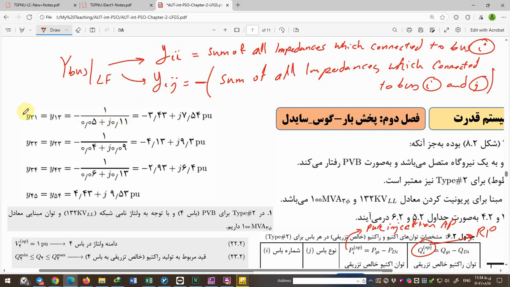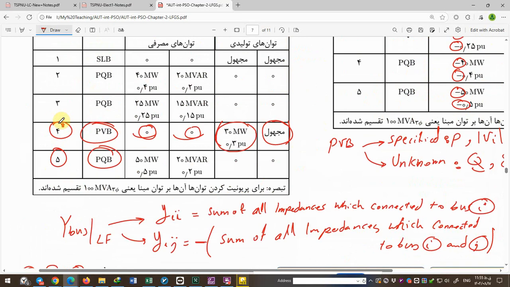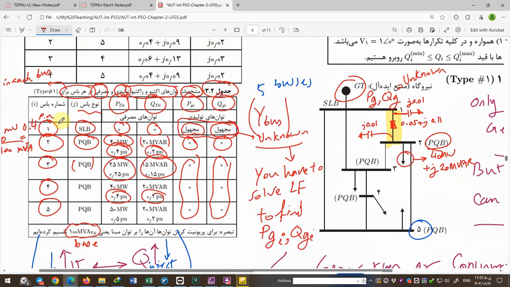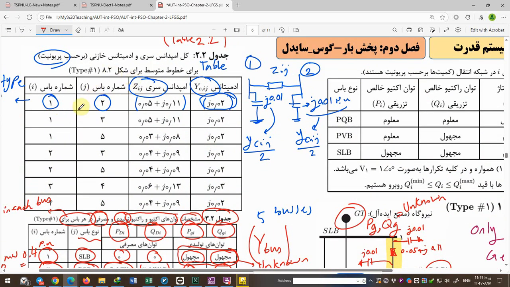For example, Y31 is equal to Y13, which is minus the impedances connected between bus number 1 and number 3. Number 1 and number 3 is here. This is impedance.